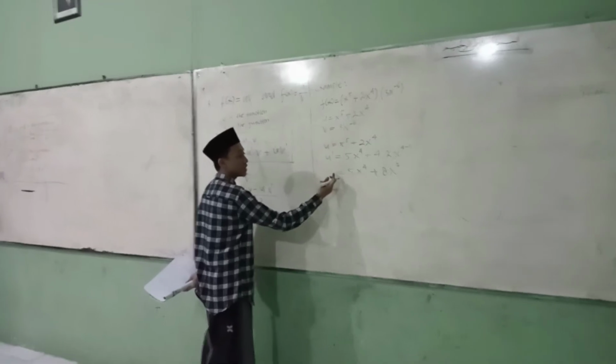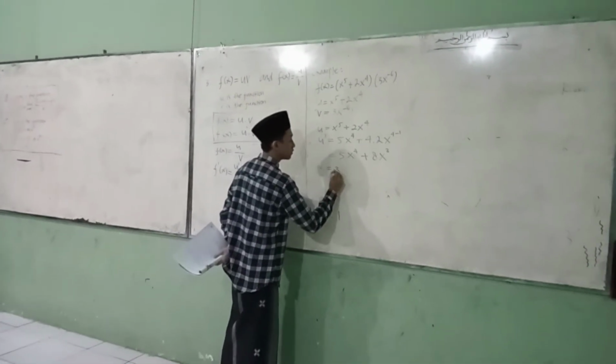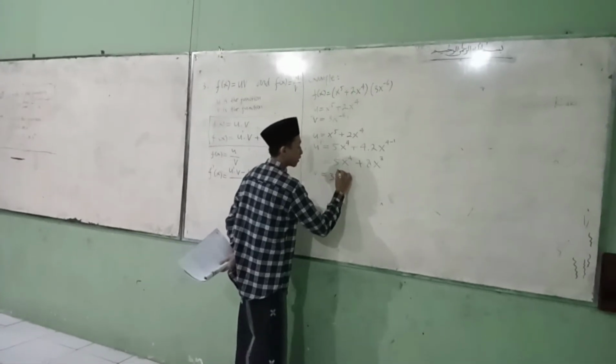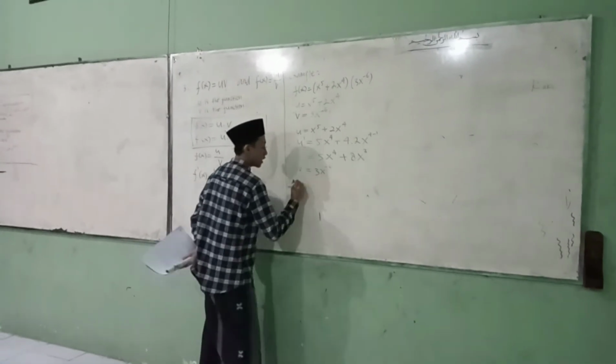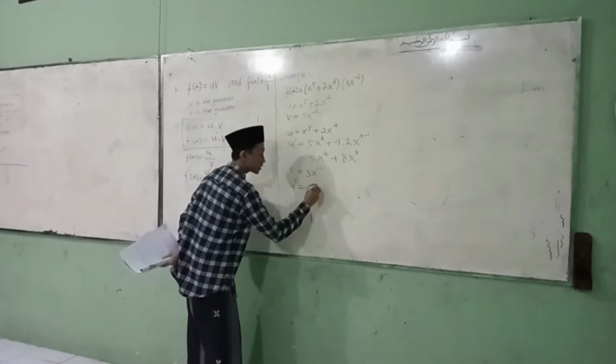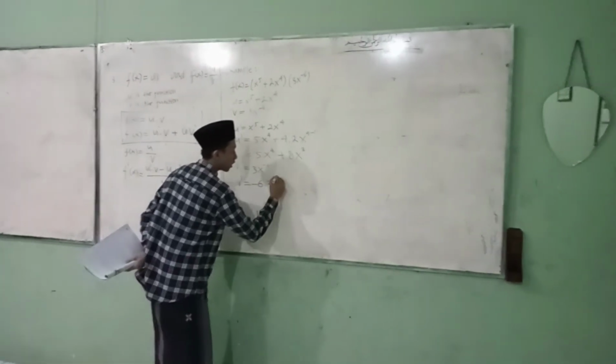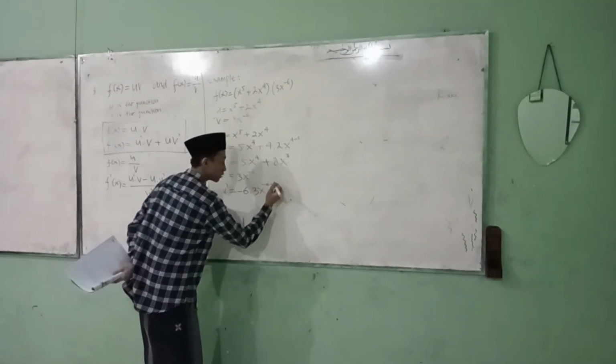And then we have v is equal to 3x to the power of negative 6, and then we have v prime is equal to negative 6 times 3x to the power of negative 6 minus 1.